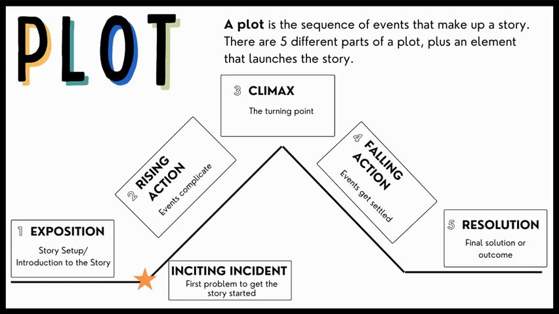And this is really our first problem, the first big thing to break our story open. It's not the most exciting thing. Remember, that's in our climax, number 3. But the inciting incident is one of the first things that we see our character face. The first problem to get the story started.